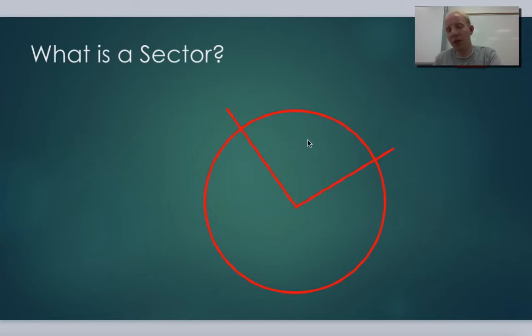Okay, like if you were eating a slice of pizza, for example, you may want to know how much pizza you're getting compared to the rest of the pizza. Okay, so if we cut it up like a pizza or a pie, we make that slice out of the circle. This is called a sector. Okay, so the sector isn't just this outside length, it's this whole portion of the circle. Okay, we call that the sector.